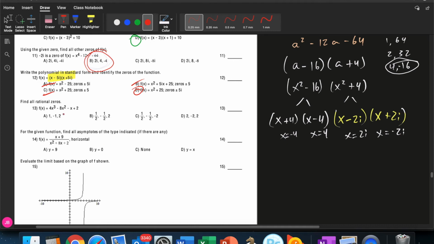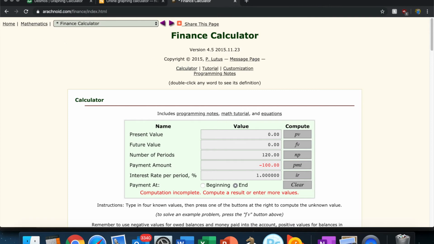This next one says to find all rational zeros. So in this case, we're actually going to go ahead and graph this. Oh, man. Okay, we can't graph that there. So we can go over here.